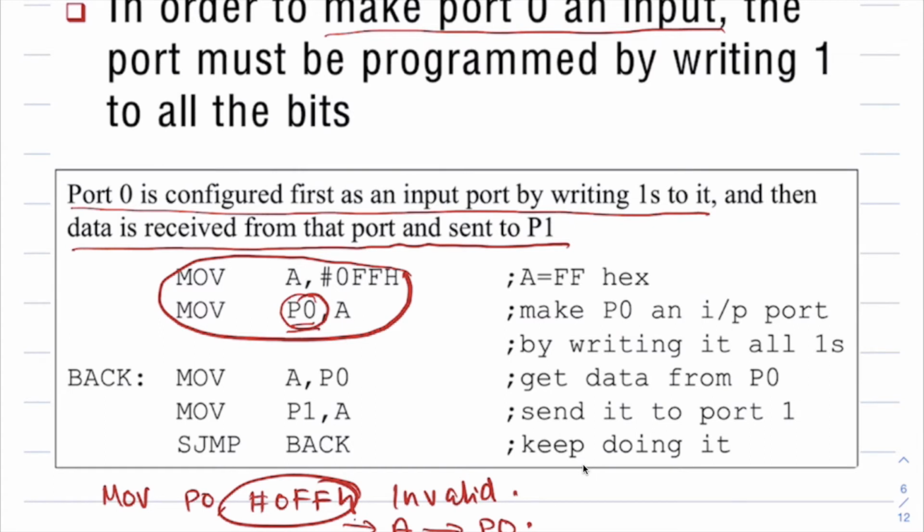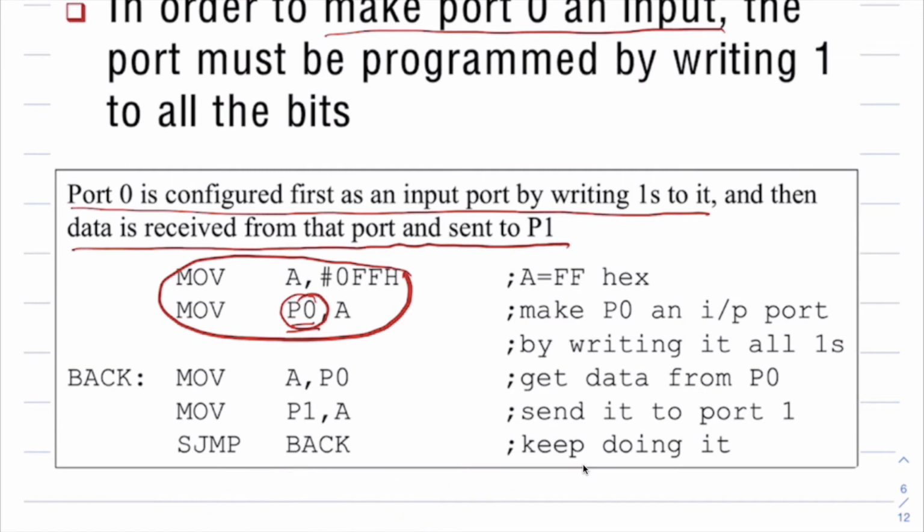So with this understanding, you must remember that once we configure port 0 as an input port, whatever comes in the port is what we read. If you look at this line, we are moving the content of P0 to the accumulator. We don't know what the content of P0 is right now. You may expect that the content of P0 is 0FFH because we have already moved FF to P0, but that's not true. Remember, this P0 pin will be connected to some external device.